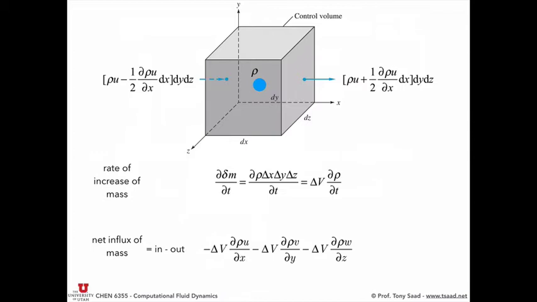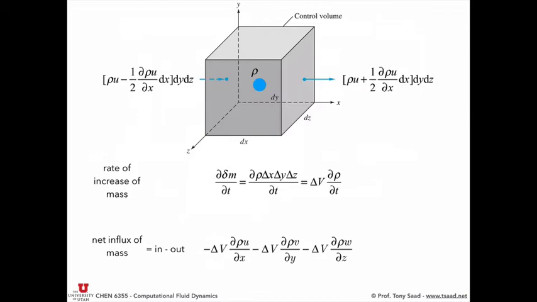So this finite control volume has an infinitesimal mass, delta m, which is equal to rho delta v, which is equal to rho delta x, delta y, delta z. Correct? That's the infinitesimal mass of the small control volume.